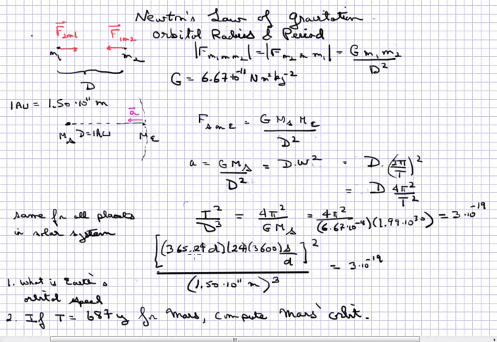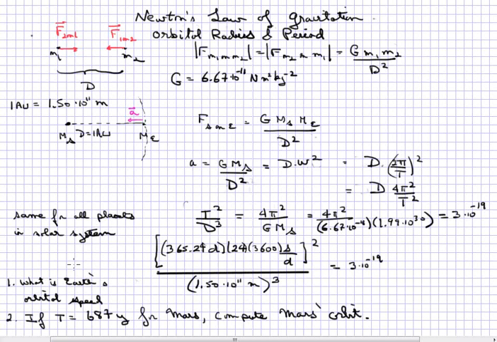For the Earth, T is 365.24 days, which converting to seconds is 24 times 3600 seconds per day. And d is 1 AU, which, as I said above, is 1.5 times 10 to the 11th. If you compute this ratio, you actually do get 3 times 10 to the minus 19.